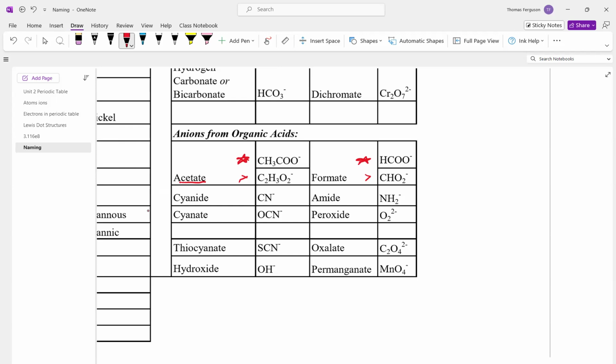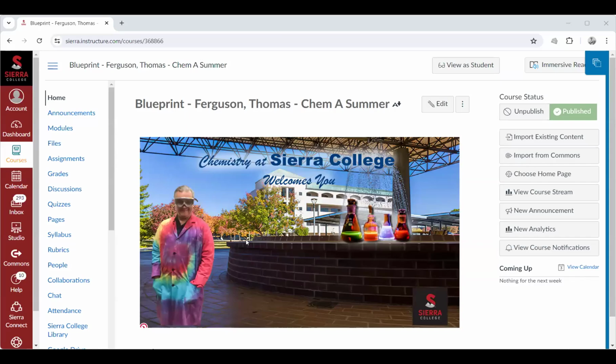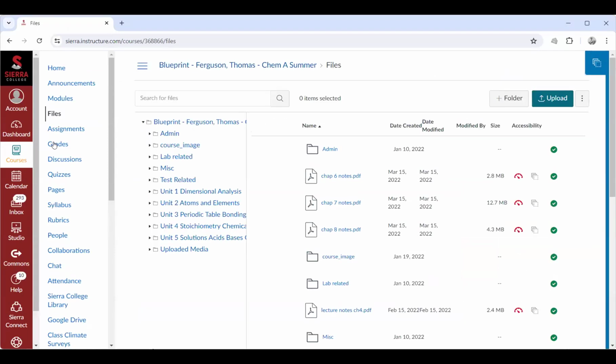Okay, so that's naming ionic and molecular compounds. And you just need a lot of practice. Now Dry Lab 5 practices the naming a lot. In addition to that, they don't give you the answers though. If you want practice with answers, I have worksheets for you over here.